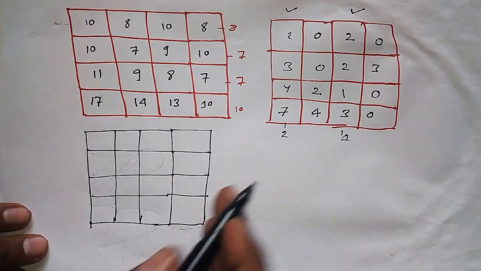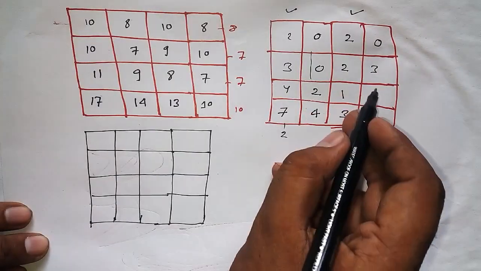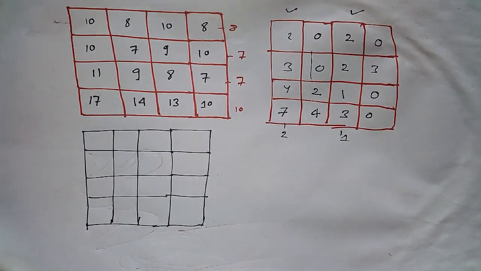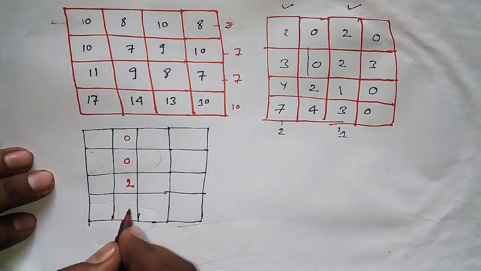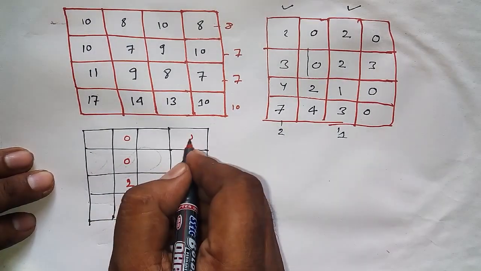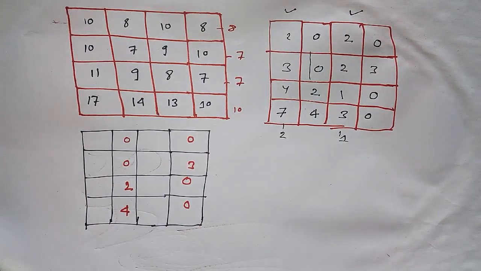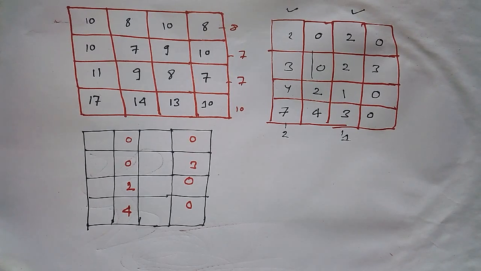We are not going to do anything with the second column and the fourth column. We are just going to write them as they are, with 0, because these columns already have a 0 value. Now we have to subtract that minimum number from all elements in that particular column.